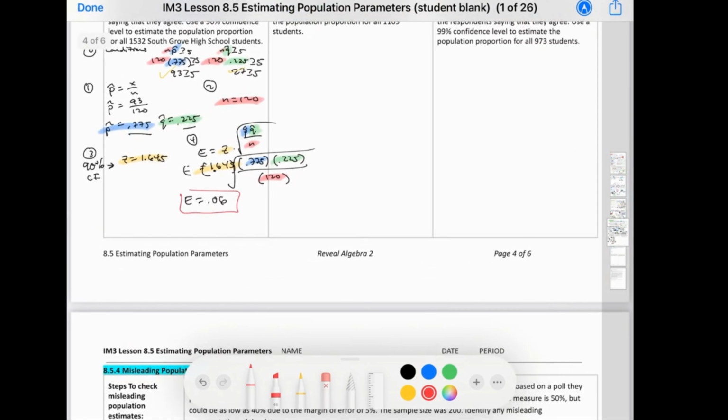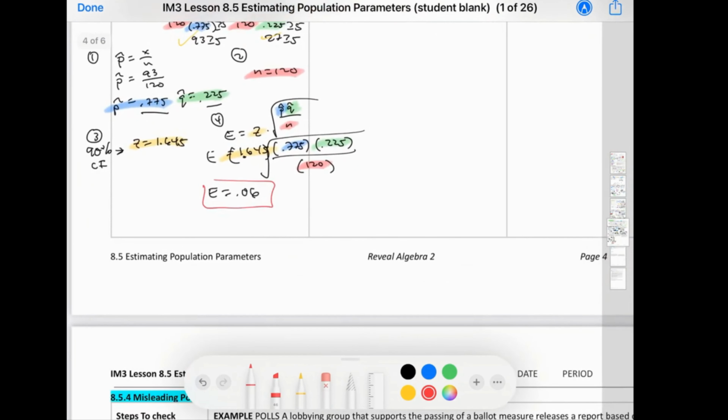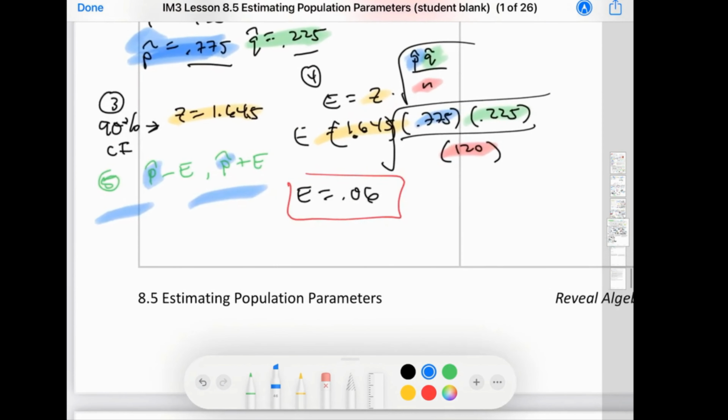And then we're just going to do step 5, which is p hat minus the E and p hat plus the E. So the p hat is 0.775.